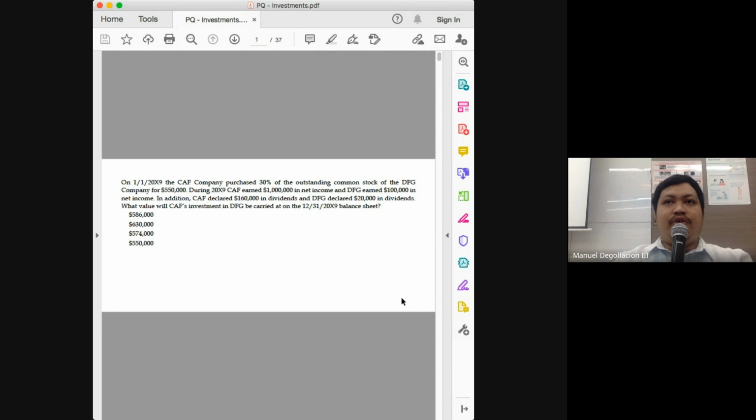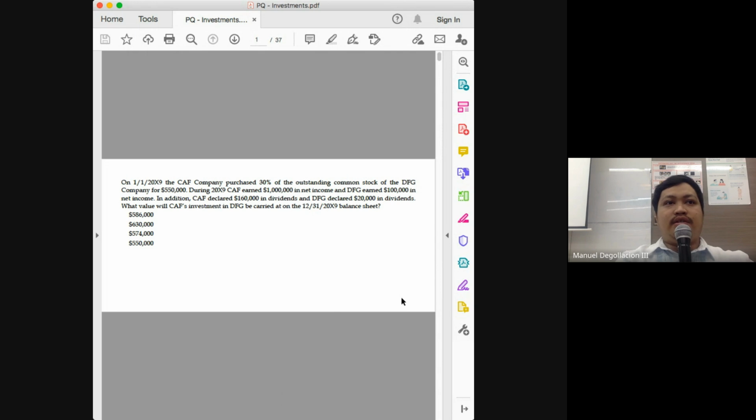So the scenario here, class, is an example of an investment in associate. So you should have an idea already when an investing corporation will become an associate. The scenario here is one corporation invests in another corporation. One corporation, the investor, becomes a shareholder of another corporation, the investee.